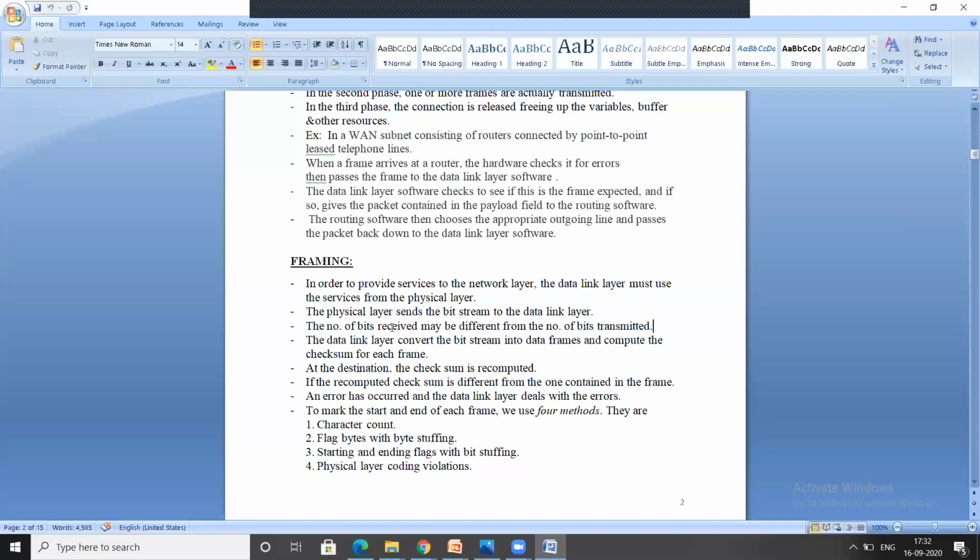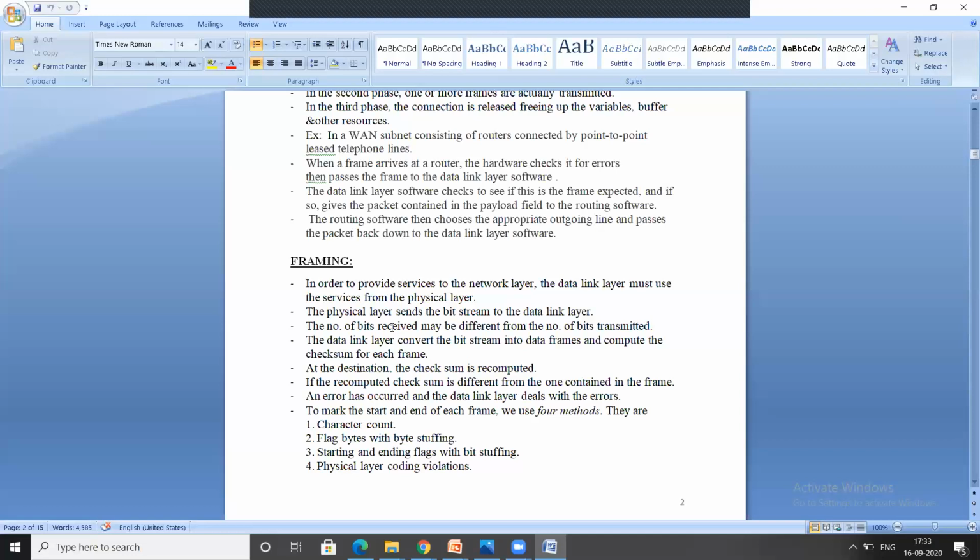Now here the data link layer at the receiver side converts the bit stream into frames and computes the checksum. Checksum is used for error detection.